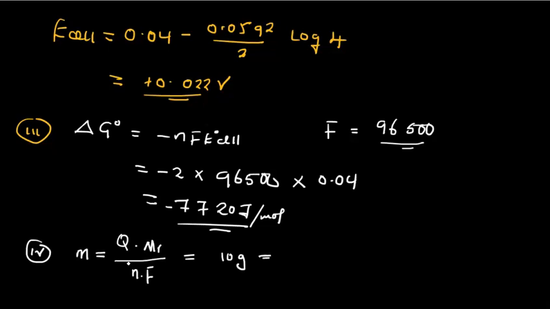It is equal to the Q. We are looking for Q first so that we can find time, times the molar mass of silver nitrate, which is 259, over the n being transferred, 2 electrons, times 96,500.